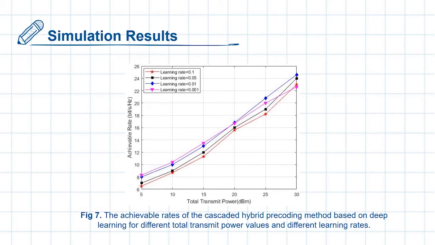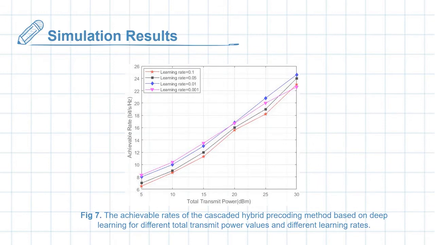However, the convergence speed will be slower due to the lower learning rate. Therefore, the optimal learning rate should be selected reasonably to achieve better performance. So, we set the learning rate to 0.01.